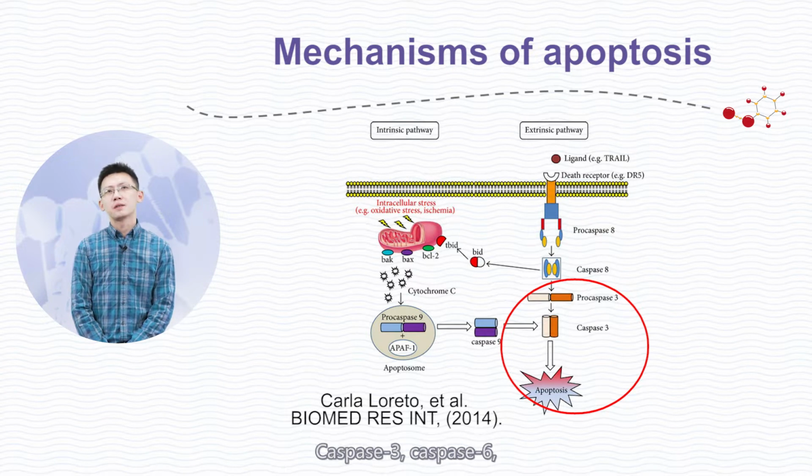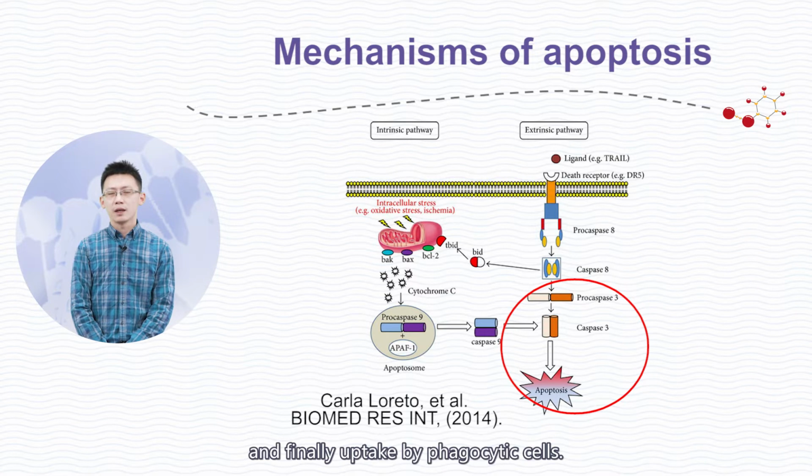Caspase 3, 6, and 7 function as effector or executioner caspases, cleaving various substrates, resulting in DNA fragmentation, degradation of cytoskeleton and nuclear proteins, cross-linking of proteins, formation of apoptotic bodies, expression of ligands for phagocytotic cell receptors, and finally uptake by phagocytic cells.